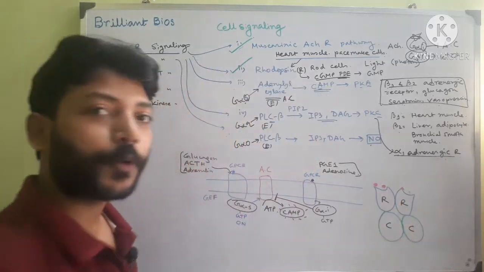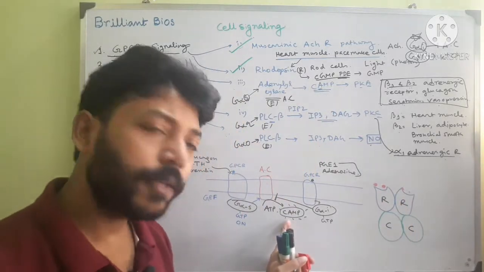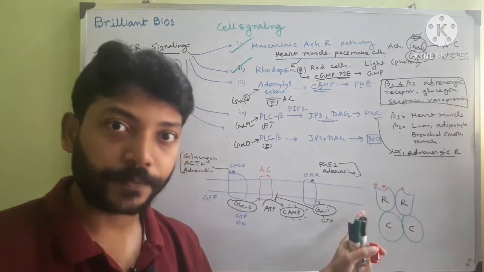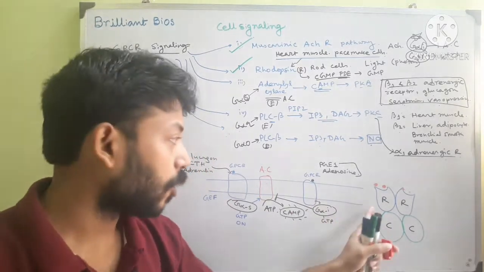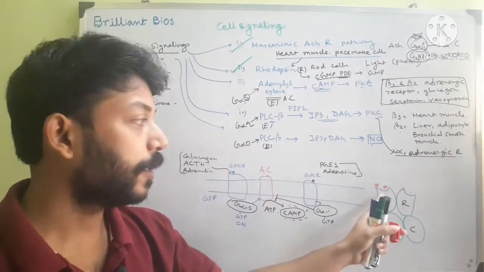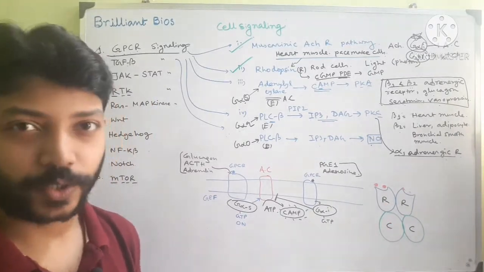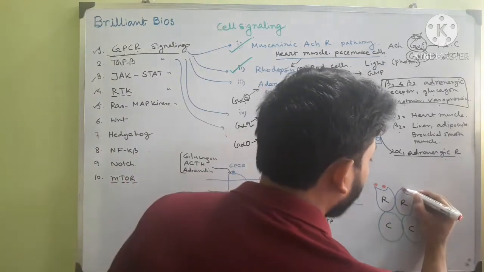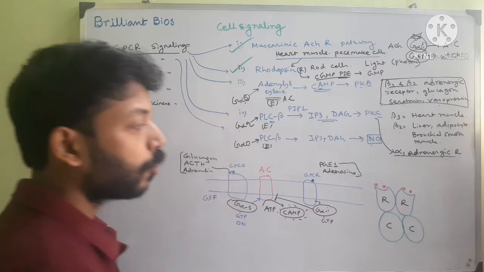That is called cooperative binding. When one cAMP binds with the first regulatory site, it changes the R subunit in such a way that it can receive the second cAMP with high affinity. So cAMP binds with the R subunit in a cooperative manner.